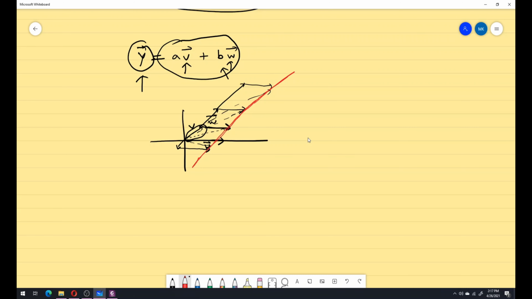So now the question is, in this example, I fixed one of the vectors and let the other vector move freely. What if I let both of the vectors move freely? I do not fix any of the vectors and let all the vectors move freely. What would my output be?